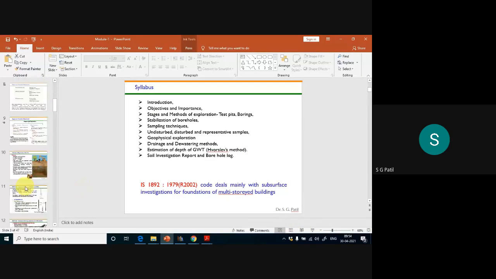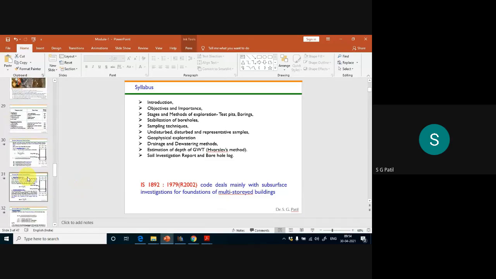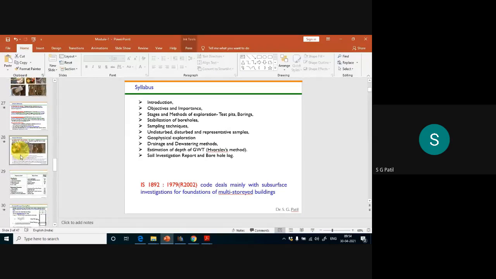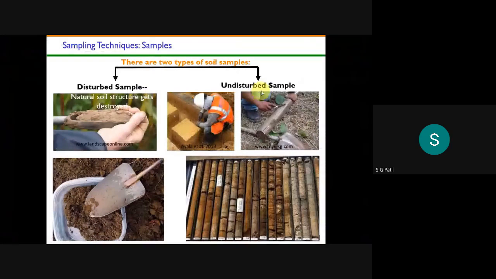So until now we have discussed disturbed and undisturbed samples. Disturbed means the arrangement of the particles is disturbed, that's why it's called a disturbed sample. Undisturbed sample means the arrangement of the particles is preserved, whatever particle arrangement is there.